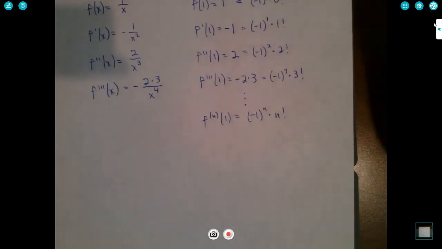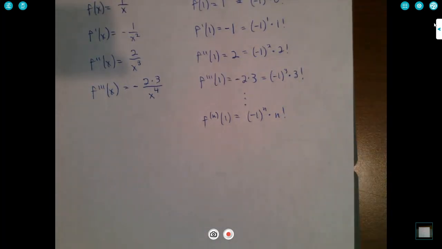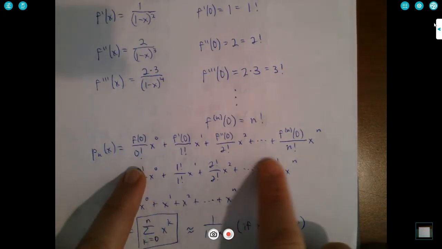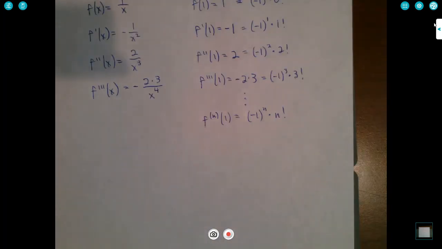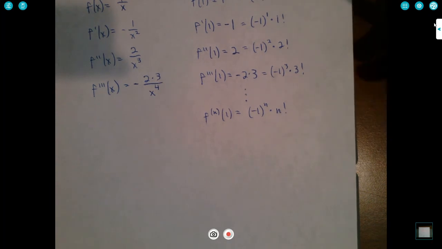Okay. Now, rather than writing out a bunch of terms like I did on this one, I think I'm just going to skip straight to the summation notation because some nice things happen, right?